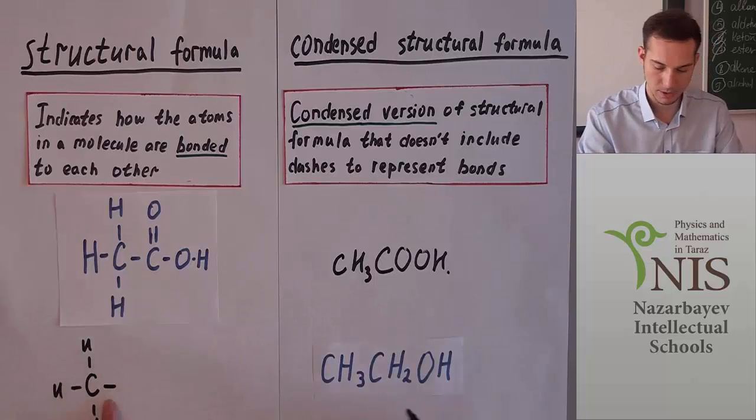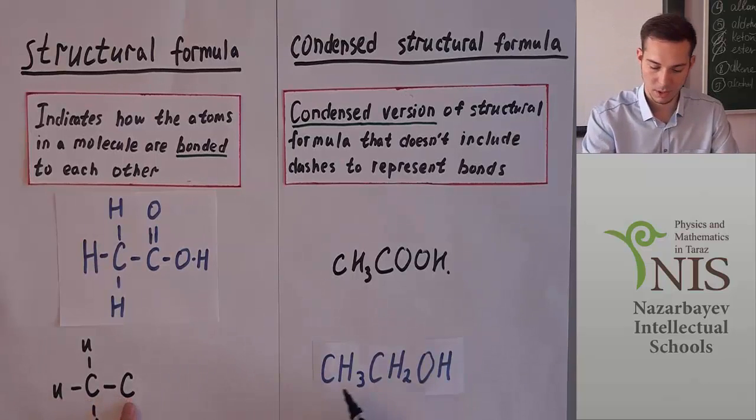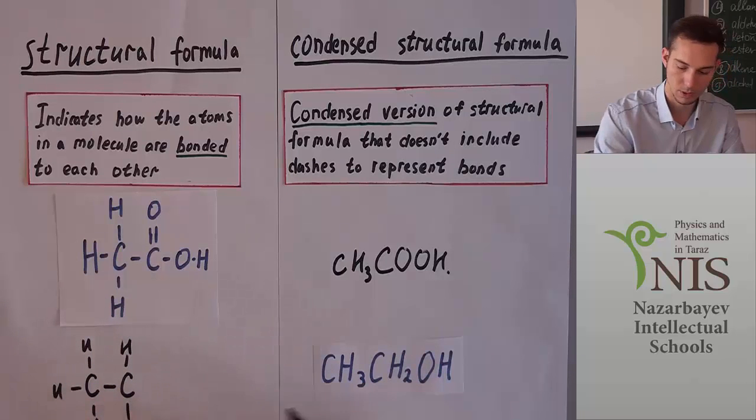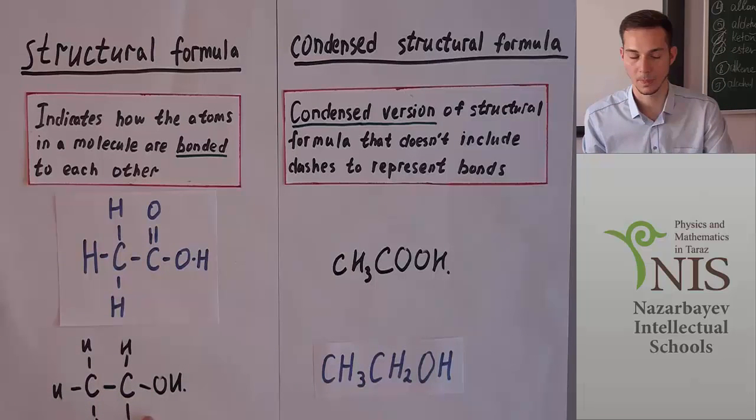Now we will draw a dash which represents the bond between this carbon and this carbon. Okay, here we have 2 hydrogen atoms, this one and this one, and OH functional group, which is, by the way, an alcohol. Great.